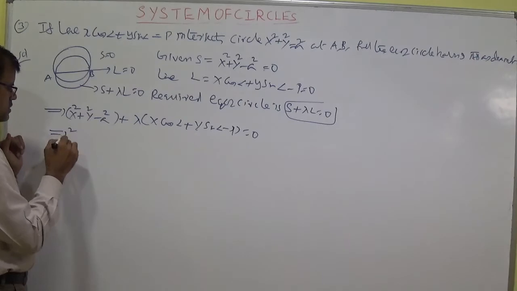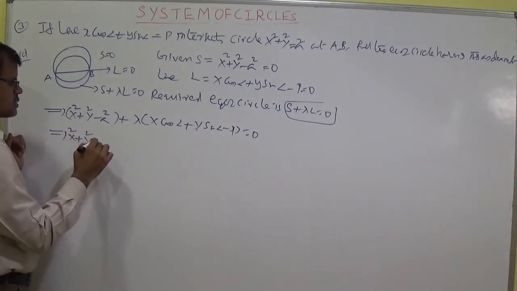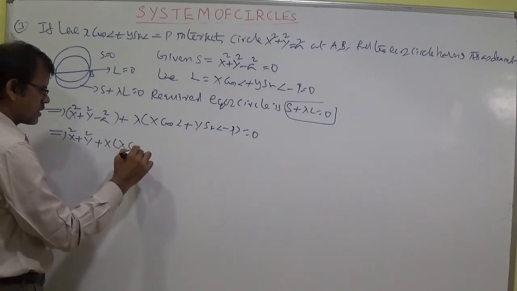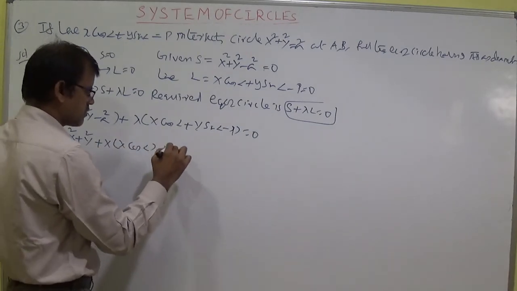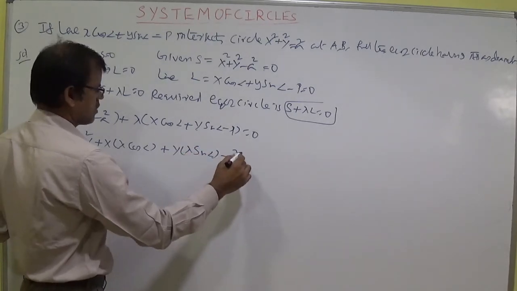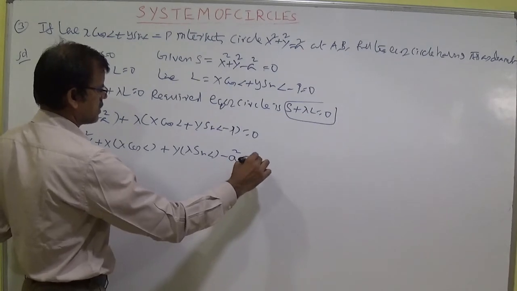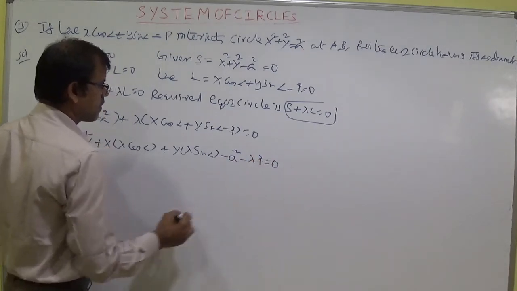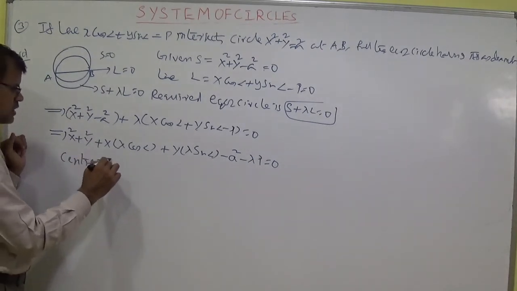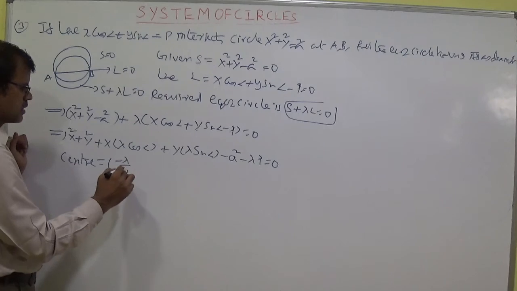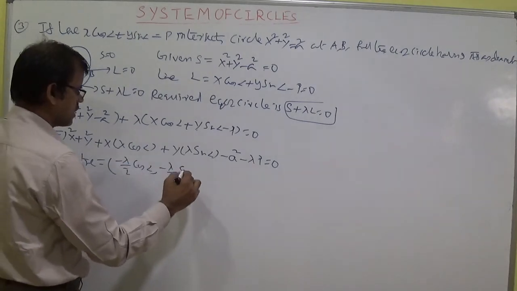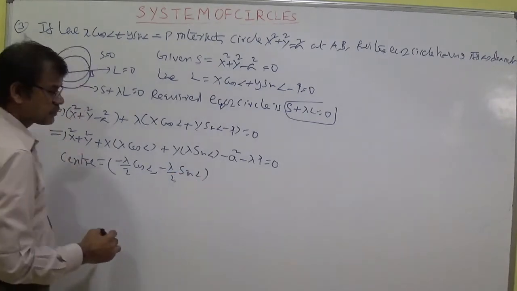Write it like this: x square plus y square plus x taken common, lambda cos alpha, plus y taken common, lambda sin alpha, minus a square minus lambda p equal to 0. Calculate the center of this second circle. The center is minus lambda by 2 cos alpha, comma minus lambda by 2 sin alpha.